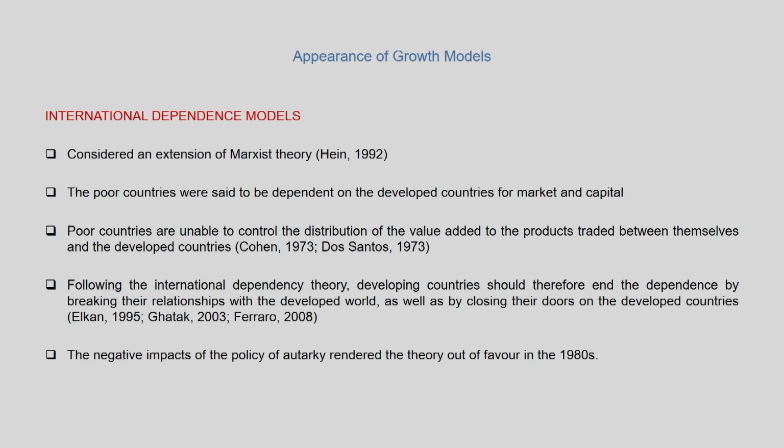It was also said that the poor countries were unable to control the distribution of the value added to the products traded between themselves and the developed countries, and the growth of international capitalism and multinational corporations caused poor countries to be further exploited and more dependent on the developed countries.